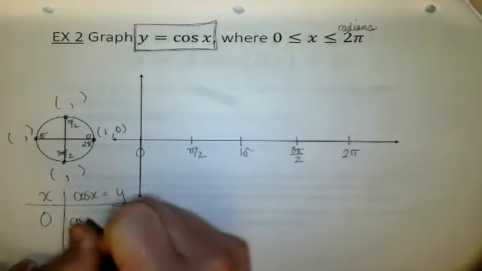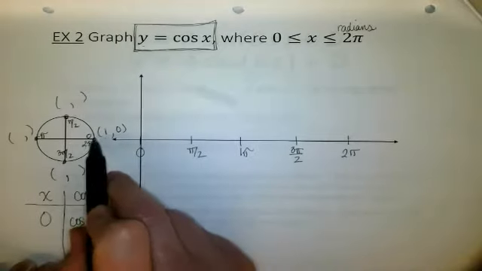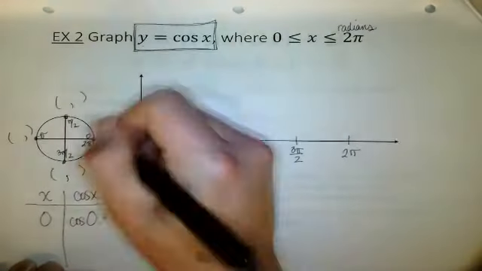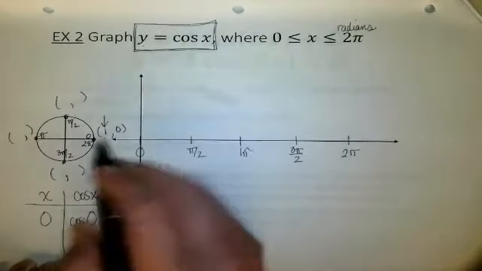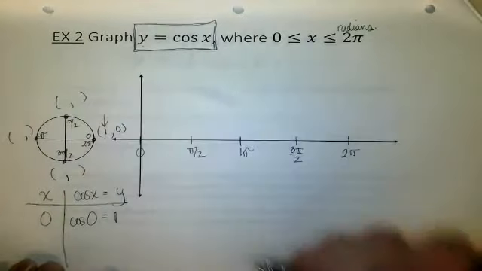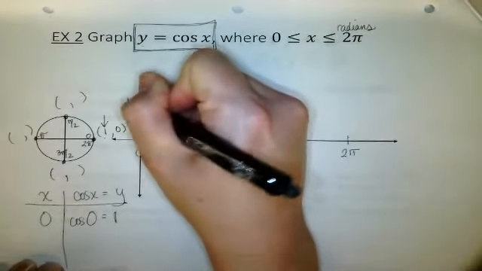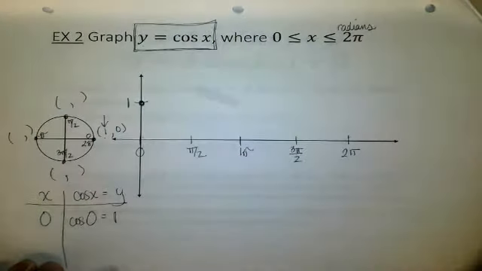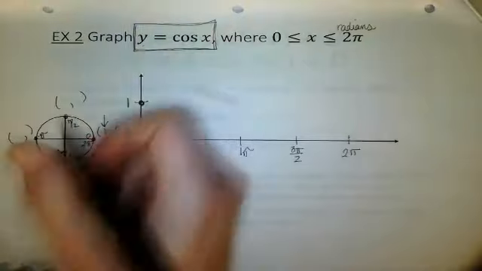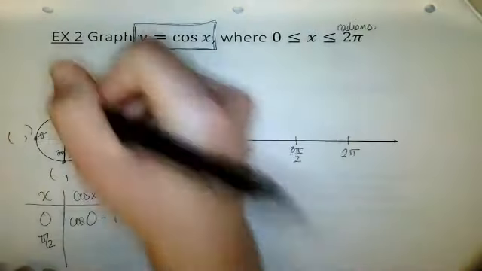What is the cosine value at 0? 1. Yeah, the cosine value is that first coordinate there. So we have the point 0, 1. Where does cosine begin? Pi. Yeah. What do you think is going to come next? Middle. Yeah. So then we go to pi over 2.